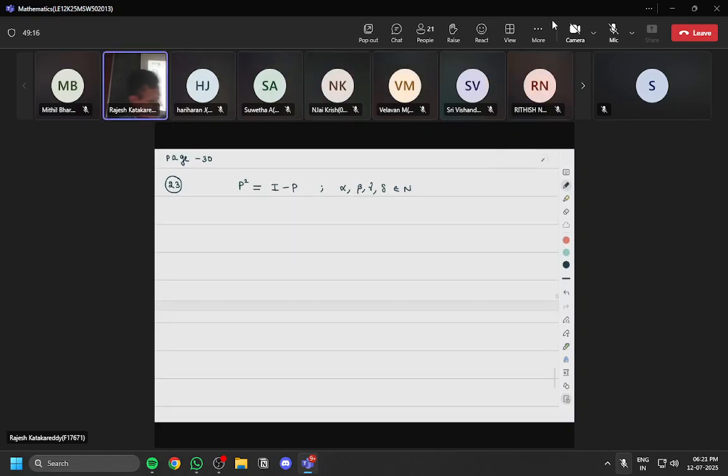Okay, the given details: P is a square matrix such that P square is identity minus P. Alpha, beta, gamma, delta are natural numbers.